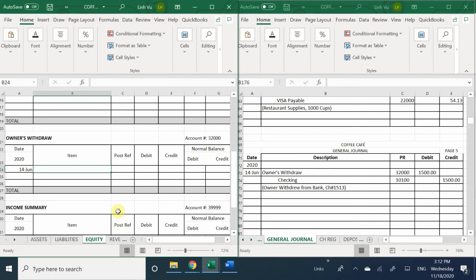Whatever details you want to write here, you don't really need to write the owner's name because you should know who the owner is. I can put the check number though, right? Yes, you could put the check number. Check number 1513. Post reference is now General Journal 5. And we're going to debit the account for 1500, making our balance 1500.